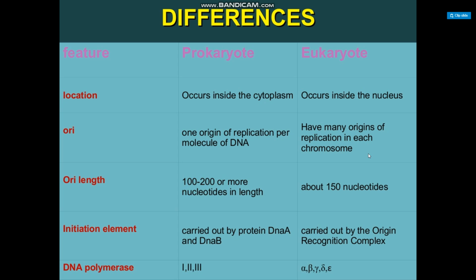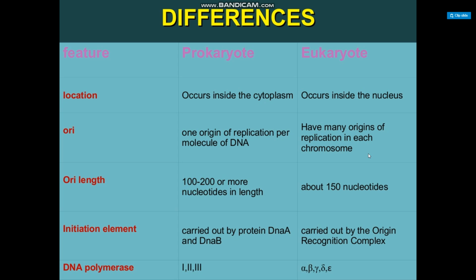For the origin of replication, prokaryotes have one origin per DNA molecule, while eukaryotic replication has many origins in each chromosome. The ori length is about 100 or more nucleotides in prokaryotes, and about 150 nucleotides in eukaryotes. Initiation is carried out by the proteins DnaA and DnaB in prokaryotes, and by the origin recognition complex in eukaryotes.